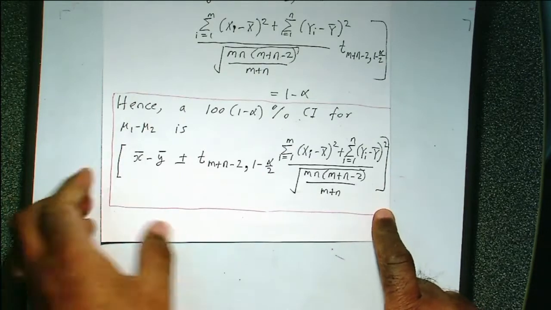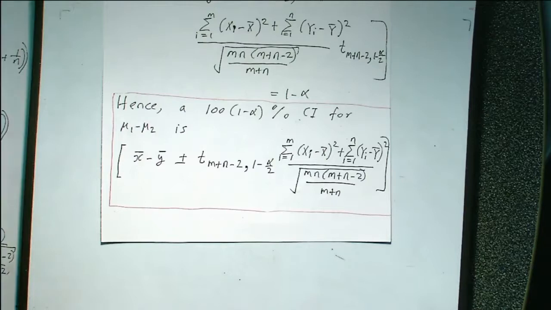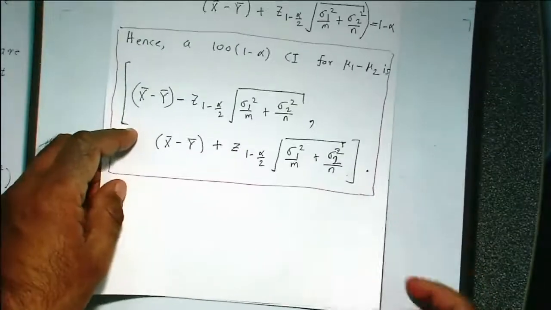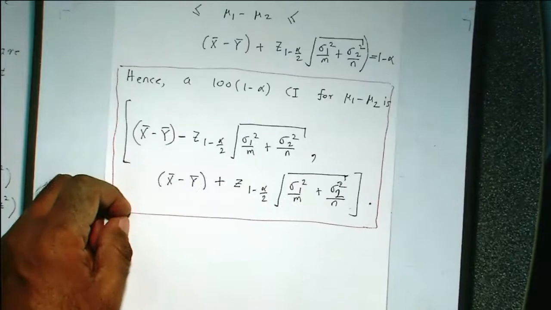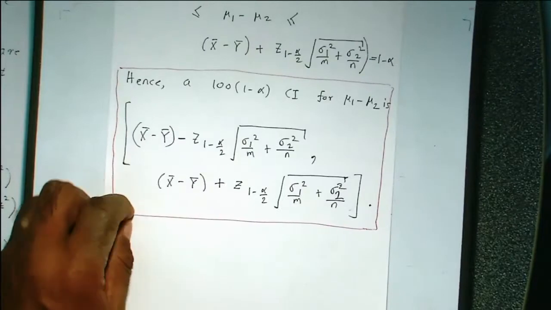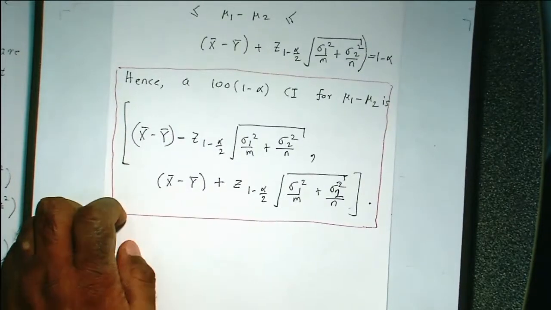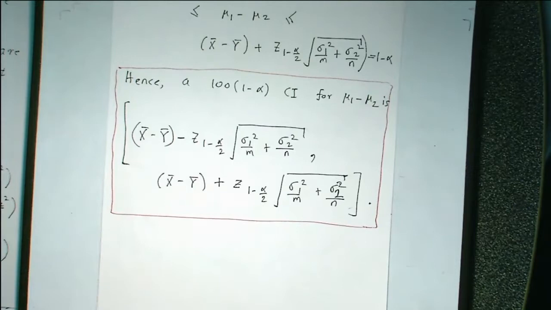And finally, the one I mentioned earlier, number 1: the confidence interval for the difference in population means when the two populations have variances that are assumed to be known.